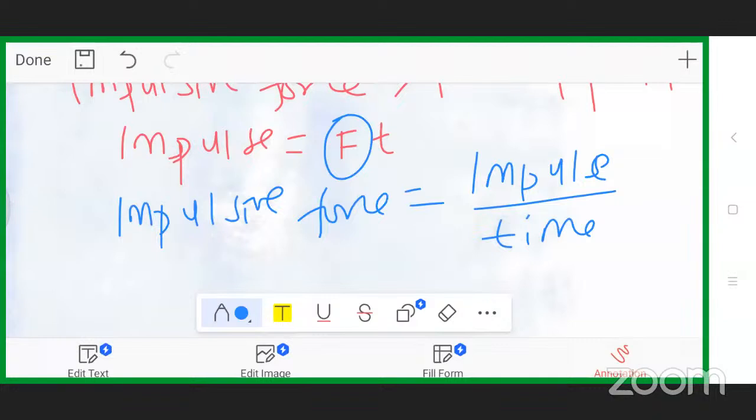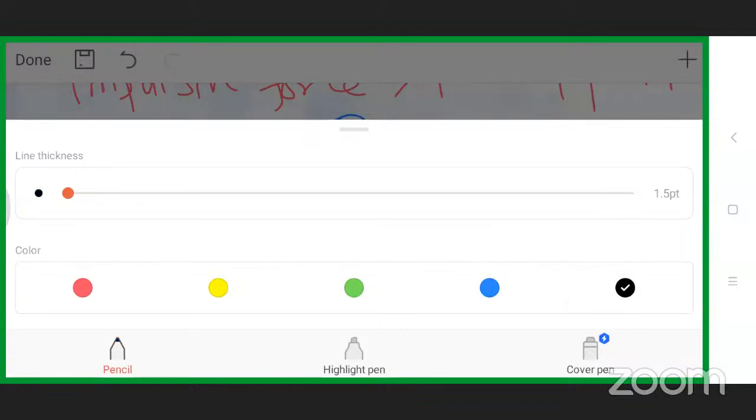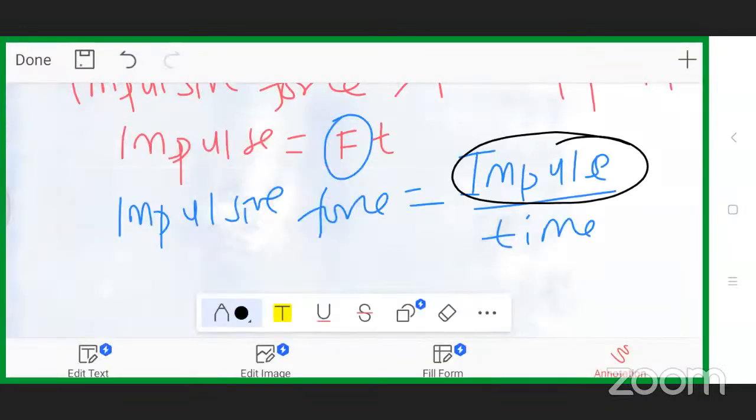So from here, this force that is going to do the action is dependent on two things: the impulse and also the time. Now I want us to see how we can modify the impulse that we experience, and see if there's something we can do to reduce the effect of this force.